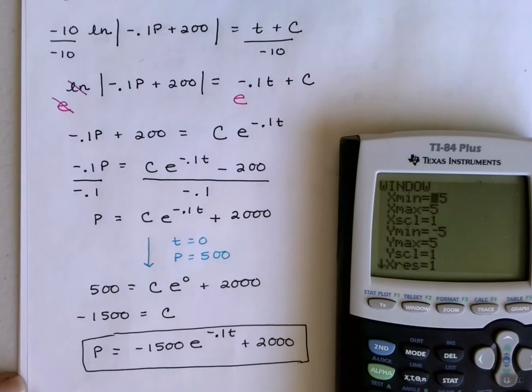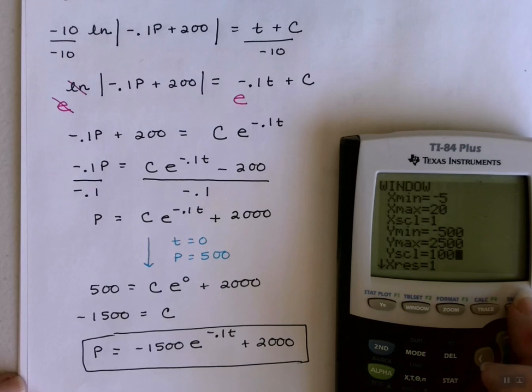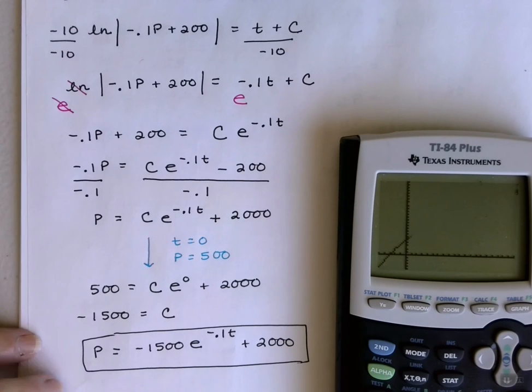So in my window, let's go ahead and go from negative 5. I'm going to go out a ways. Let's go out 20 years. Scale of 1 is fine. And y, I'm going to go negative 500 to 2,500 with a scale of 100. I'm only interested in things beyond t equals 0, of course.